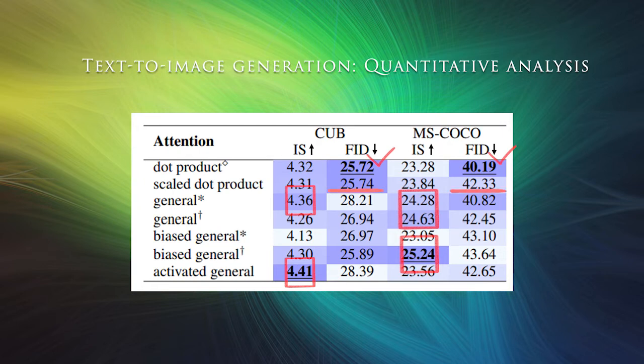The scaled dot product obtained comparably good FID results, but not in IS. This can be aligned with the different metrics of measurement, that FID counts on the similarity between the ground truth images and the images generated from the text, whereas IS expects the diversity of the generated images. Hence, a better VL alignment leads to a better FID, but not necessarily a better IS.